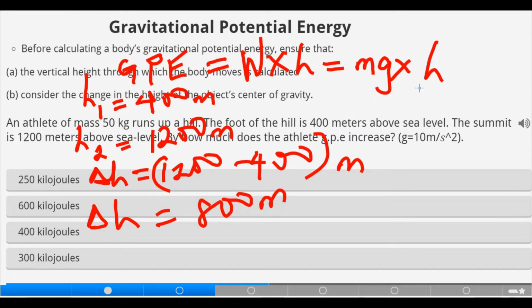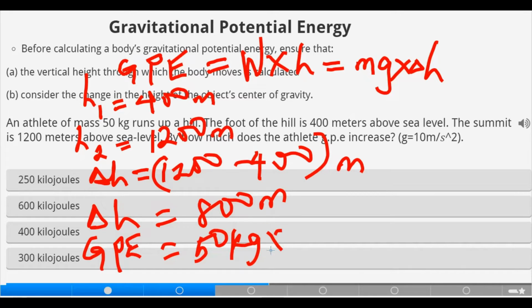So instead of having h alone, I can then have delta h, that is change in height. So my gravitational potential energy now becomes, what is the mass we were given? 50 kilogram times gravity, as you can see, 10 meters per second squared, times height, 800 meters.